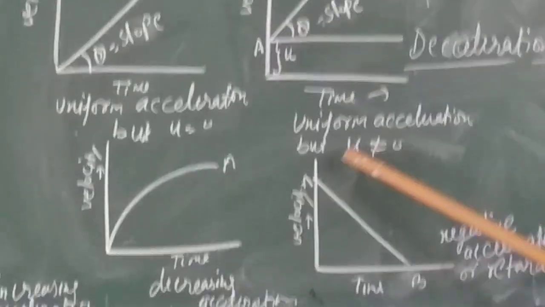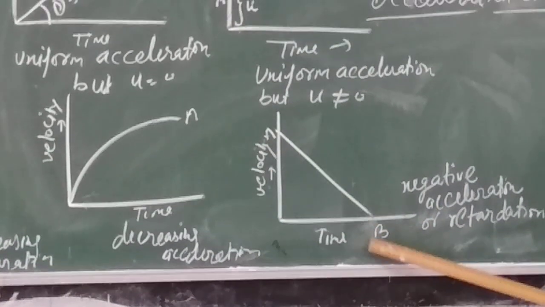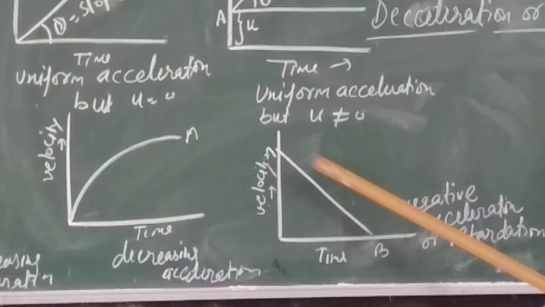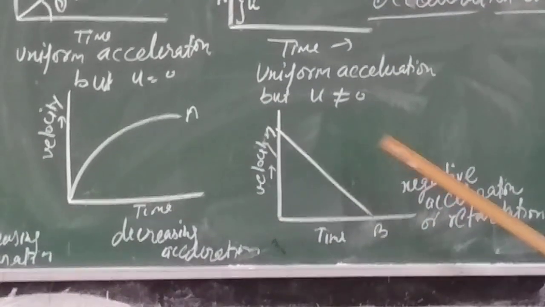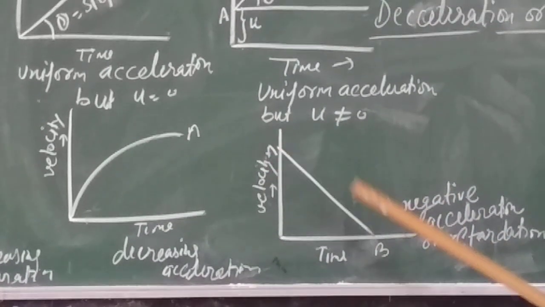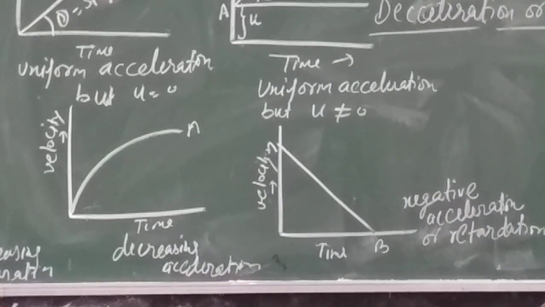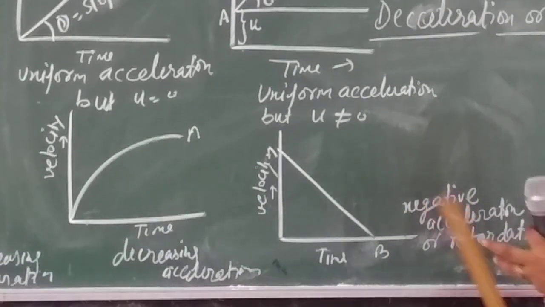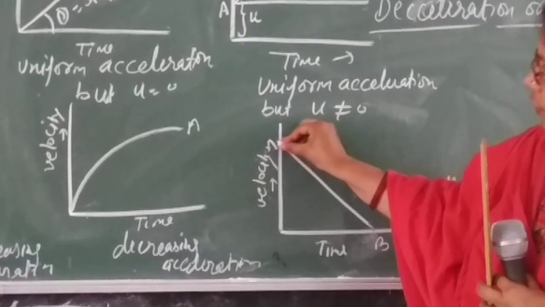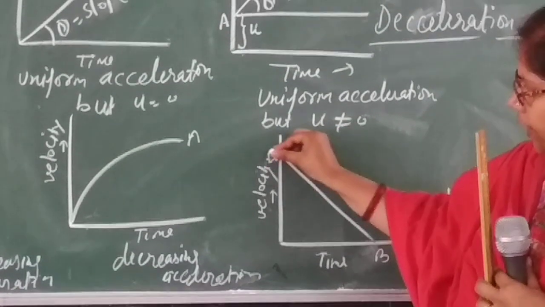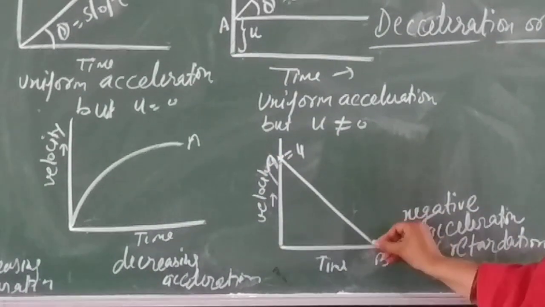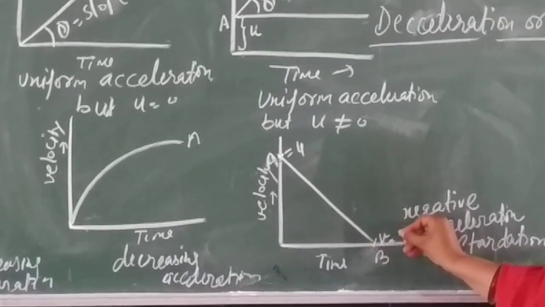Okay students, now the last graph is also a velocity-time graph. Initial velocity is u and final velocity is v. If the initial velocity is u at a point, the final velocity will be 0.